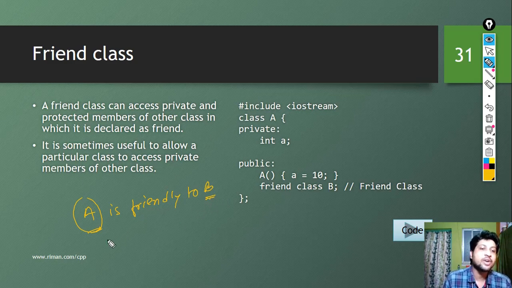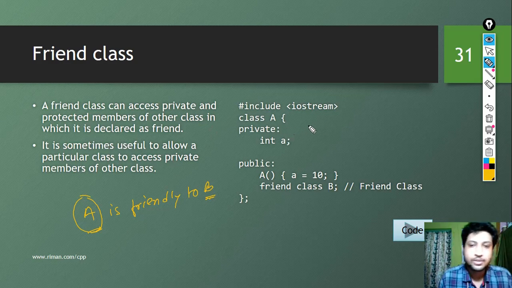That means B cannot access the private members of A at any cost. So a friend declaration gives access to the private and protected members of the class in which it is declared.